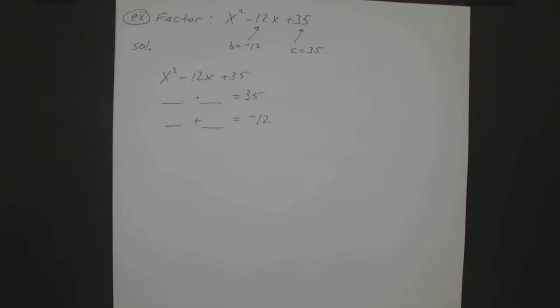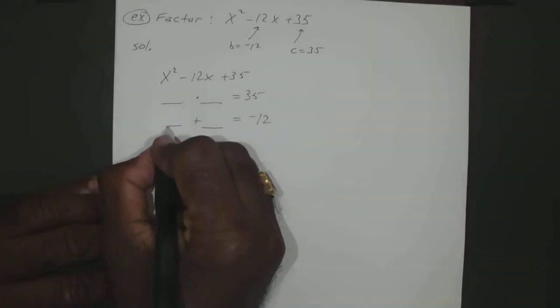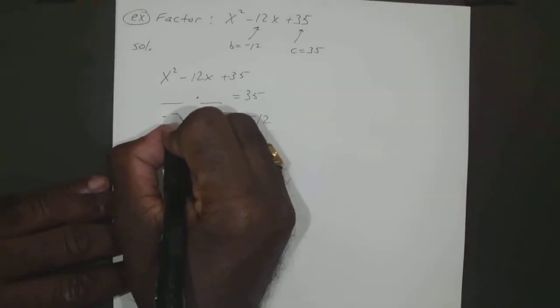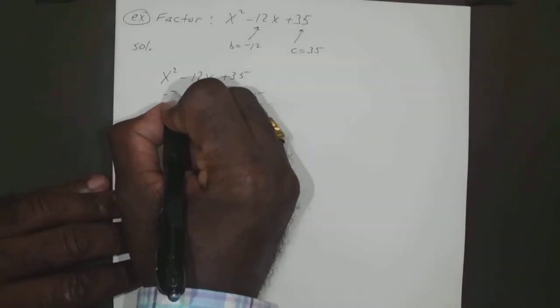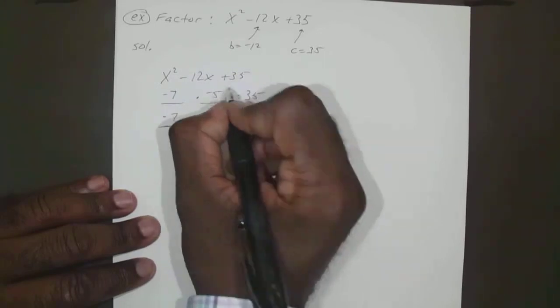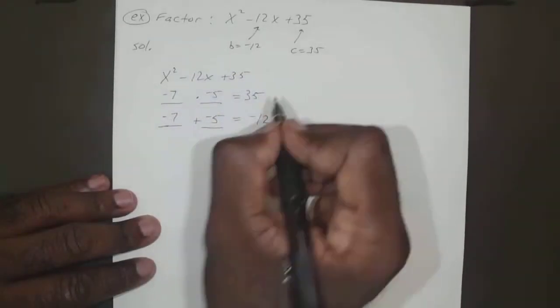Who has any ideas? -7. Yep, -7 and -5. So -7 plus -5 is -12, and -7 times -5 is positive 35.